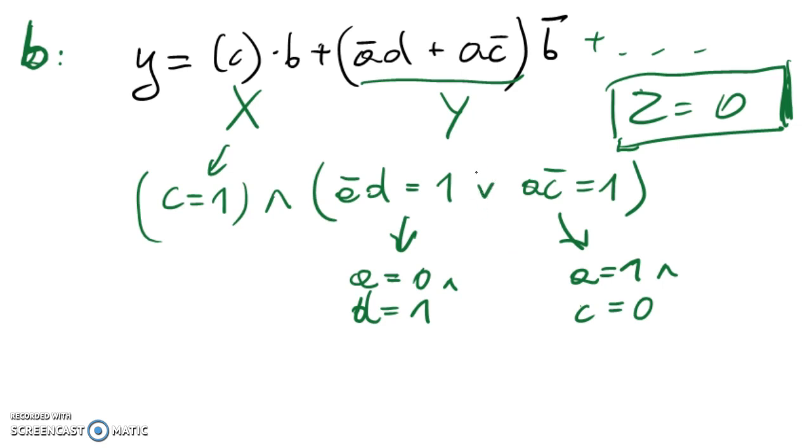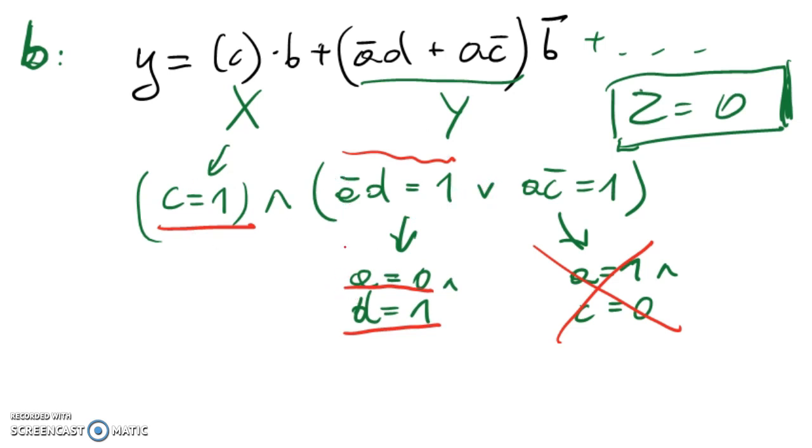So if you look at C equal to 1, A equal to 1 and D equal to 1, this is not important. It is not compatible with this condition, but this one is compatible. So we can take this condition and this one.